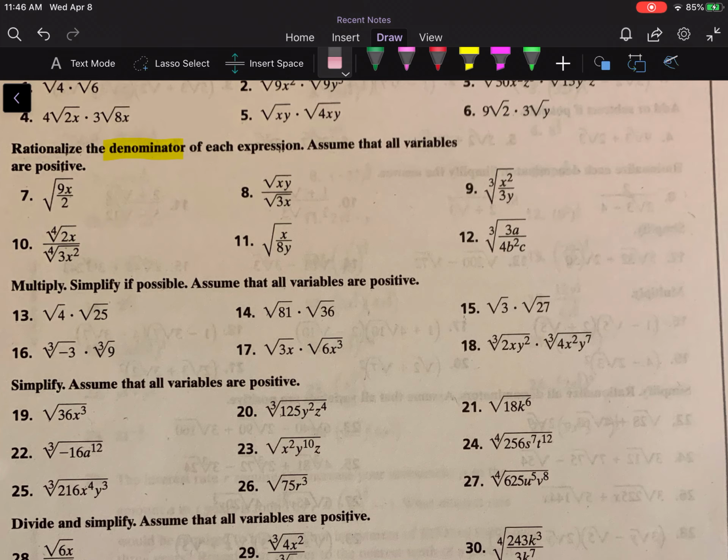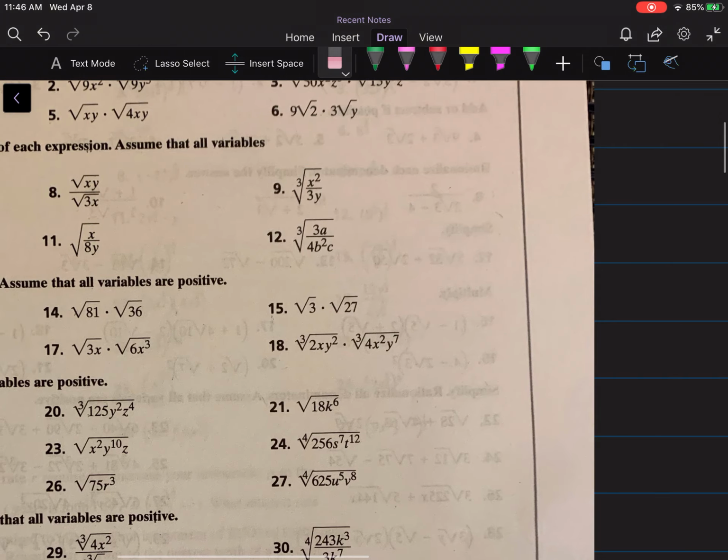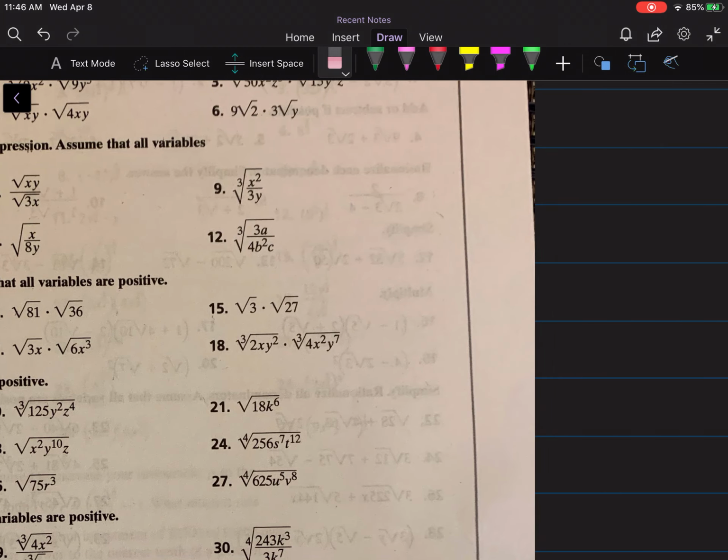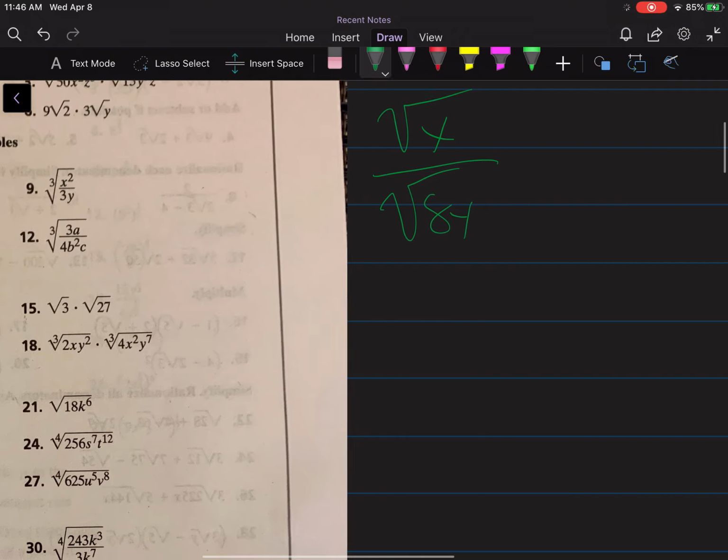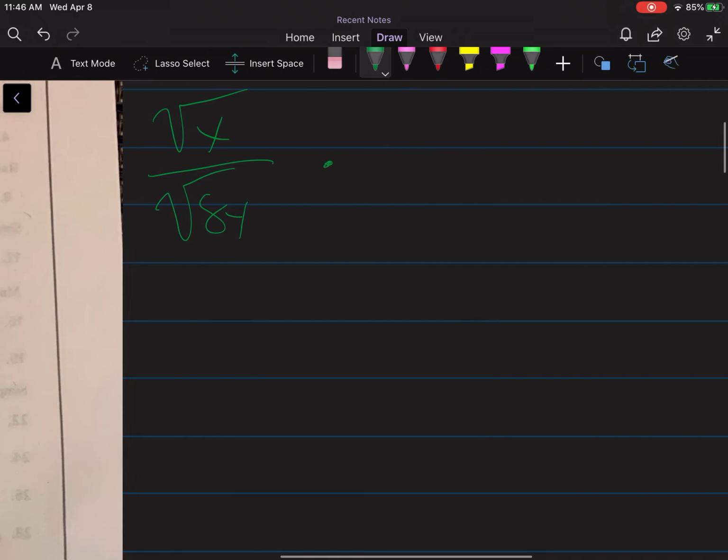Okay, now number 11. I'm going to write 11 here: the root of x divided by the root of 8y. I'm going to multiply the top and the bottom by the root of 8y.